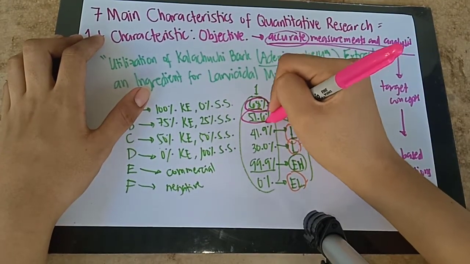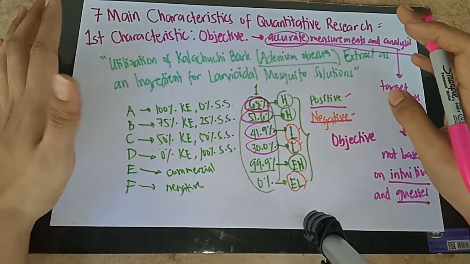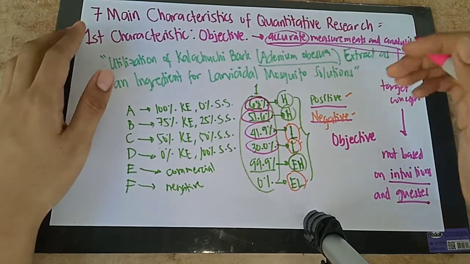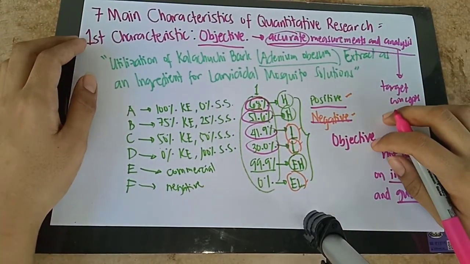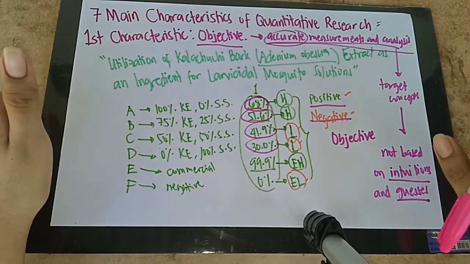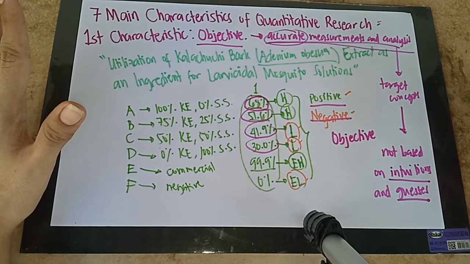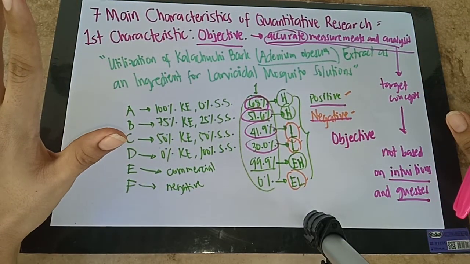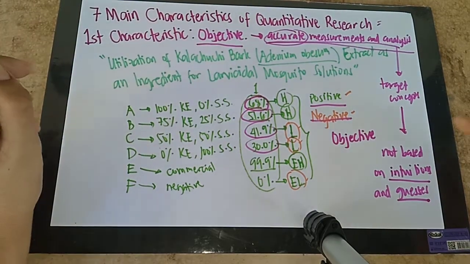That is what we mean by quantitative research as an objective research. It never chooses what side to choose; it accepts both sides.